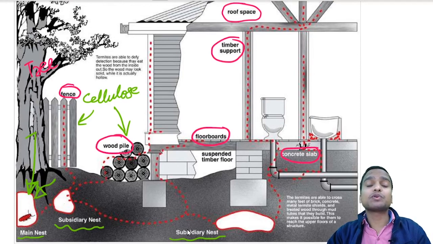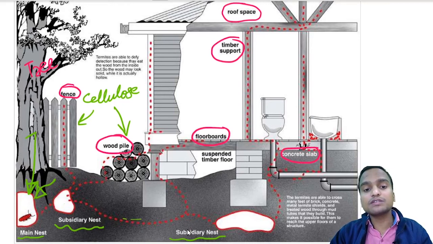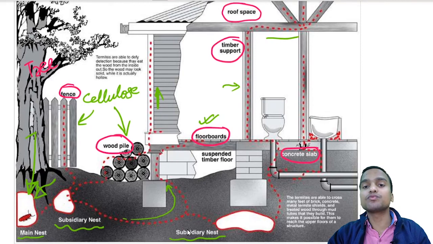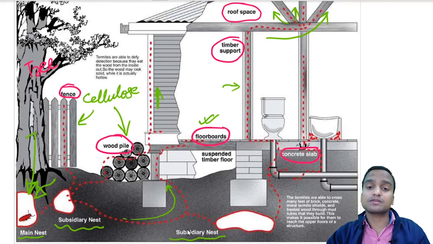So these are the potential sources of their food, and they may travel through these paths and reach our floorboards, and here they will get cellulose materials, and they may move through the concrete walls also and reach the timber supports. Here you can see these timber supports, and they may start reaching the roof space, and in this way they can attack all the elements of our building structure.